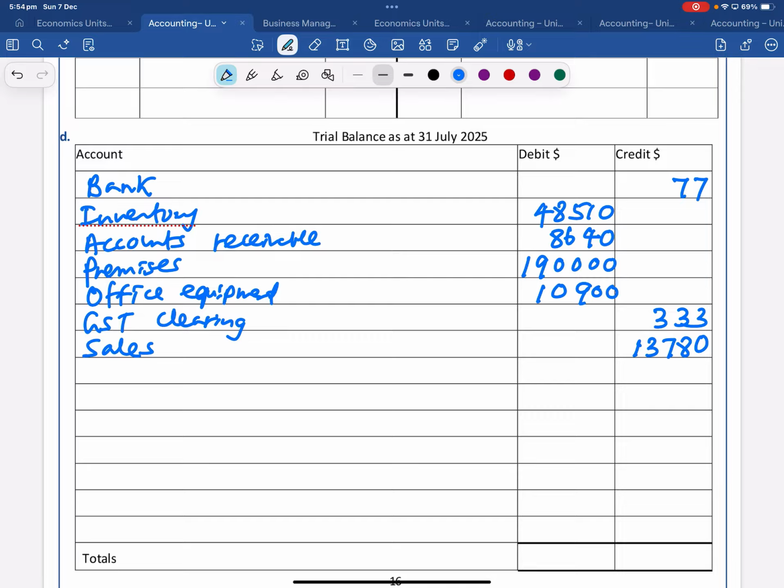Right. Next one. Mortgage. JH Finance. 84,500 credit. Yep. Accounts payable. Yep. 10,900.